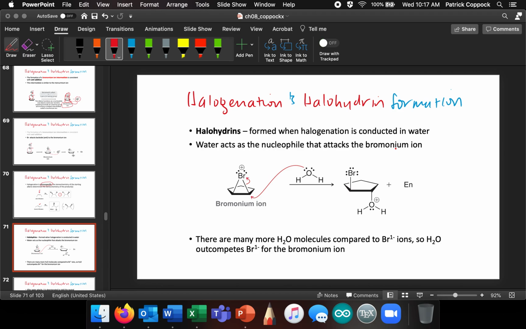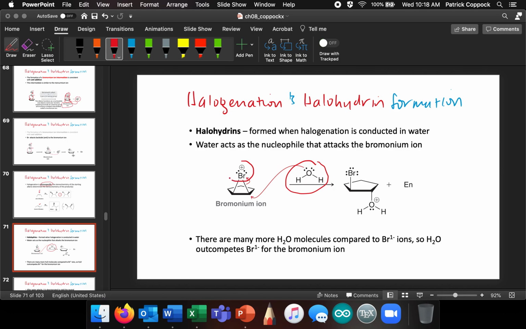Now, halohydrins are formed in the same way. They're formed when this is done in water. If this is done in water, then you've got lots of other molecules hanging around, lots of good nucleophiles. Water is actually a weak nucleophile, but if there's a lot of it and this backside is open and it's partially positive, right?